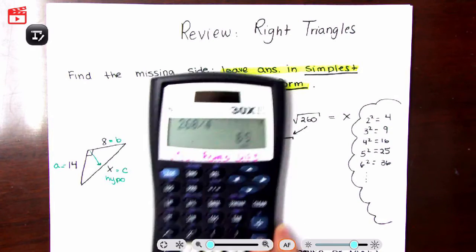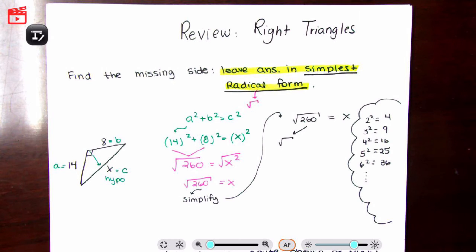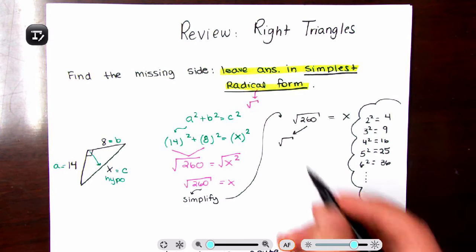So 65 is a pretty number. It's a whole number. Now we want to make sure that's the largest, so we can try to simplify 65 again. But I believe 65, we won't be able to simplify. So I'm going to double check here to make sure there's no other larger numbers that we can simplify it to. And it looks like that would be it.